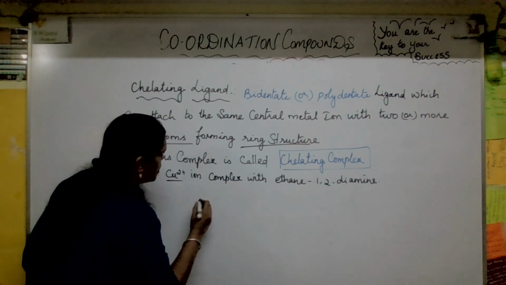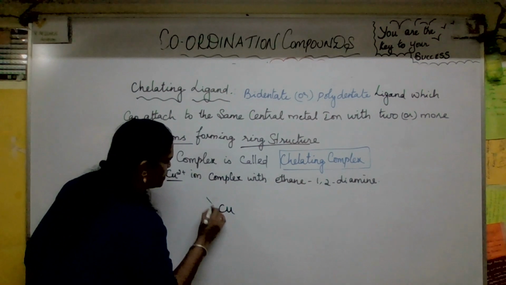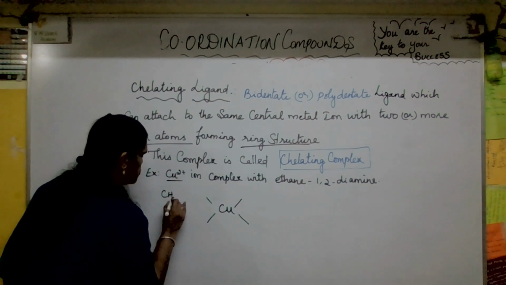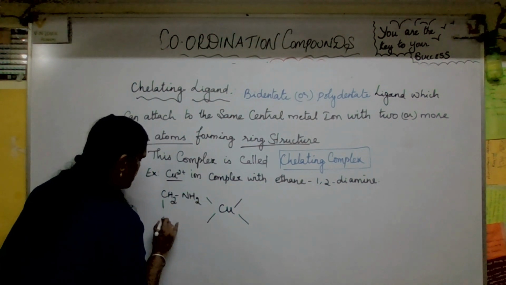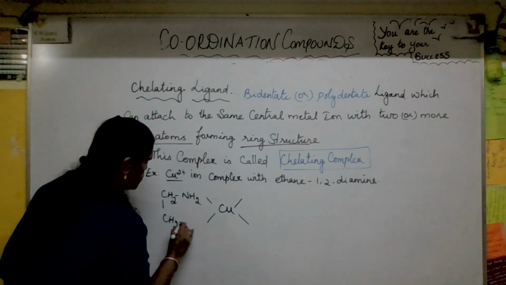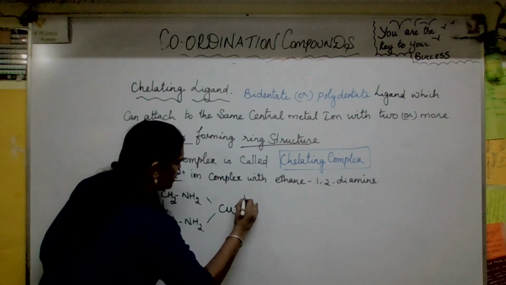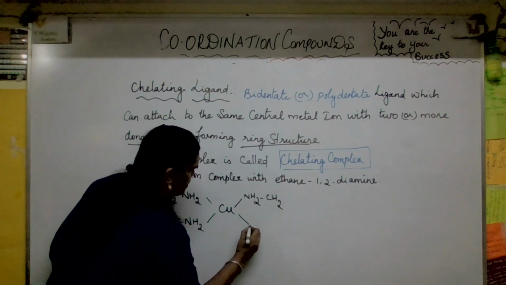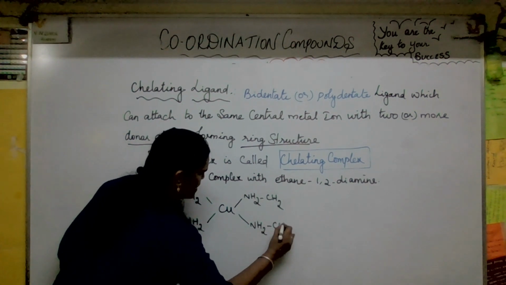Now, ethylene 1,2 diamine, I'll put it this way. Copper 2 plus, I'll put it like this. Here CH2 NH2, the same way here CH2 NH2. Here NH2 CH2, here also NH2 CH2.